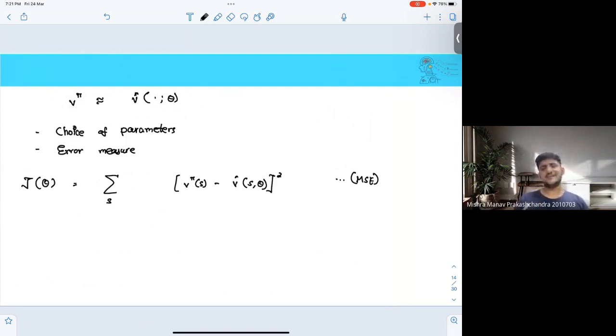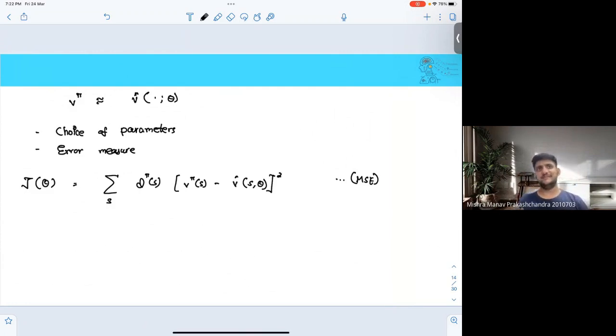This term is actually multiplied with 1 by n. That is, I take the summation over all the errors and then average it over 1 by n. When I say 1 by n, my intention is that each difference in the error that I get, I give equal weightage to each of these terms. Rather, I can generalize it more and define d pi of s.